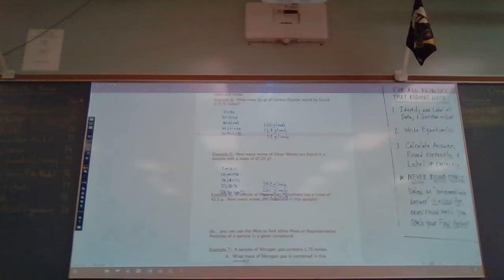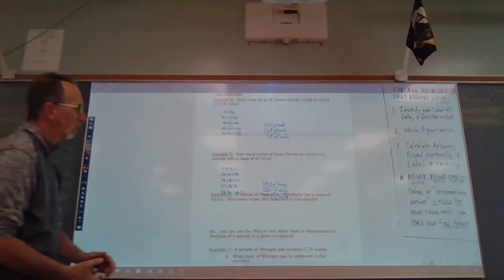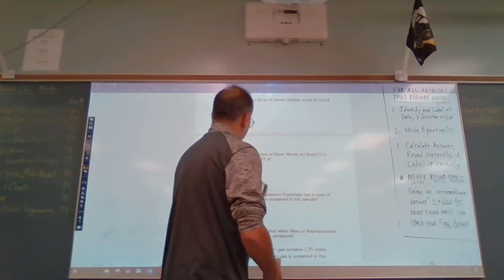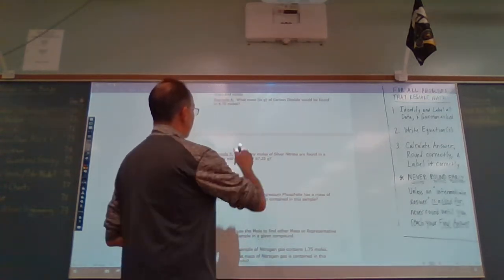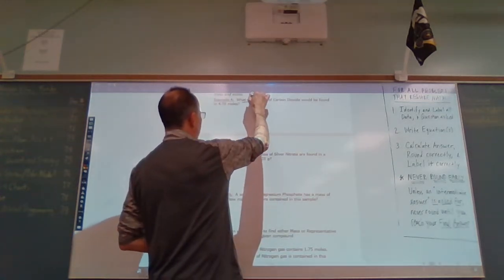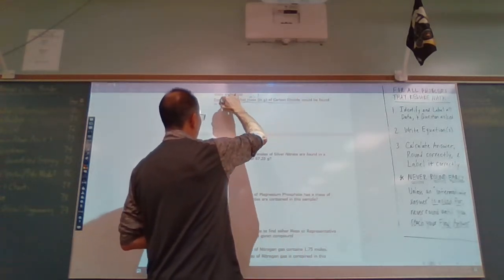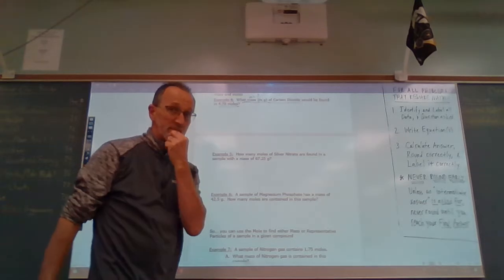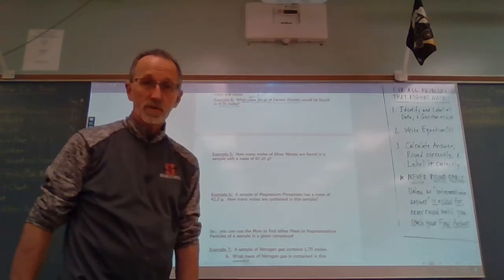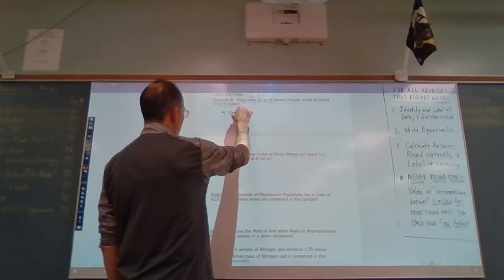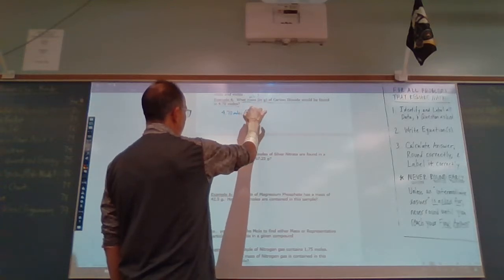So in our first example here, what mass in grams of carbon dioxide would be found in 4.70 moles? We're going to start with what we're given here, which is 4.70 moles of carbon dioxide, CO2.